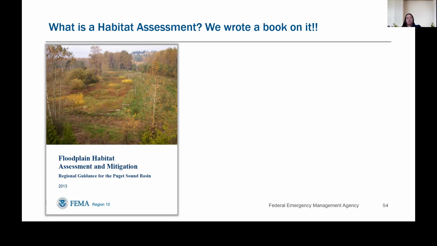So this is a super important resource that we hope anyone who's even remotely interested in the topics we're covering in this series of modules will get their hands on. It's a regional guidance that we developed for floodplain habitat assessment and mitigation. Everything that you need to know and understand about regulating your floodplain development with these extra considerations in mind is in this document.